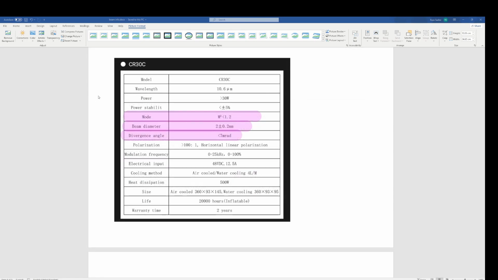So let's have a look at the 30 watt RF beam. Again, this factor, M squared, is a definition of the beam quality, and it says it's 1.2. So it's not particularly good. But as you can see, because the beam diameter is very, very small, I get a very, very high intensity at the center.